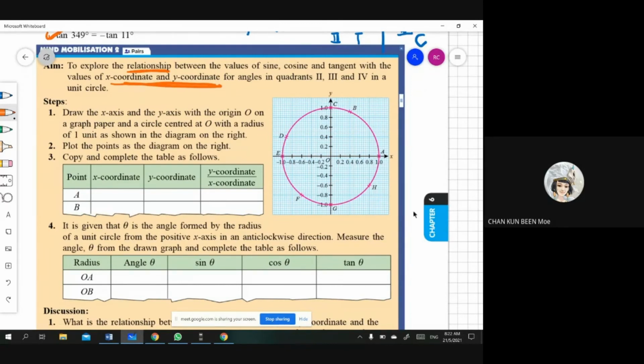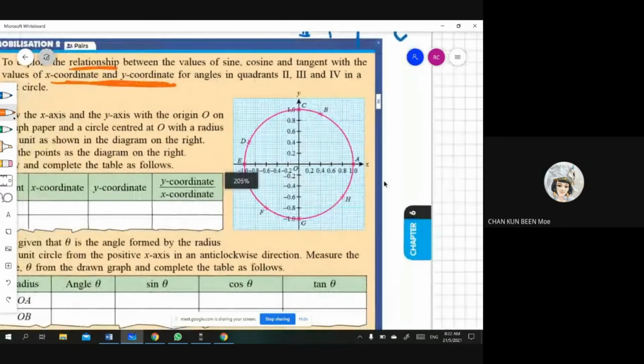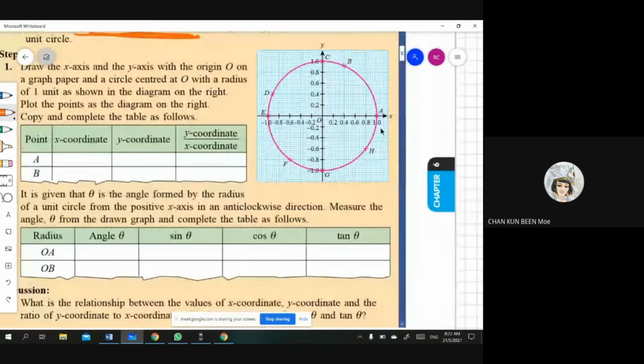I'll show you that. So for example, point A, you look at point A. What is the x coordinate and also the y coordinate of point A? Can you see? If you can't, you refer to your book, page 177. What is the x coordinate of A? 1.